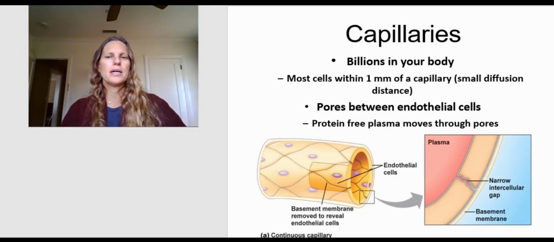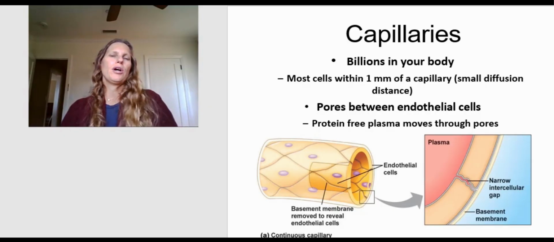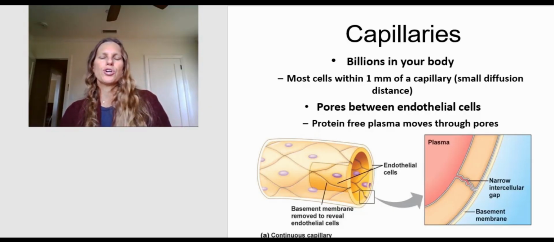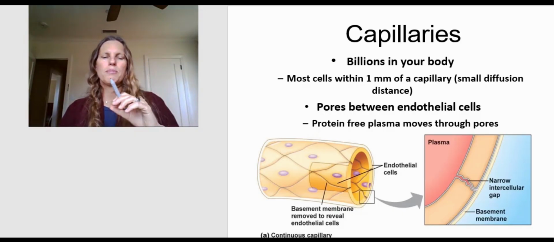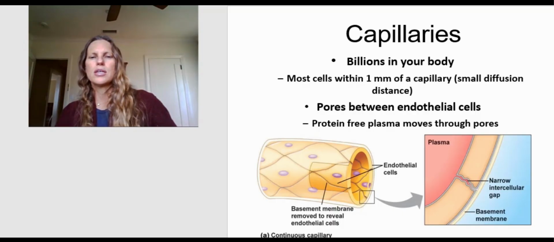And that's important because capillaries are the only vessels in our circulatory system where we are allowed to exchange materials across the wall. And one of the reasons we are able to do that is because the capillaries are very thin-walled. The capillary itself is made up of a single cellular layer, and those cells are called endothelial cells.